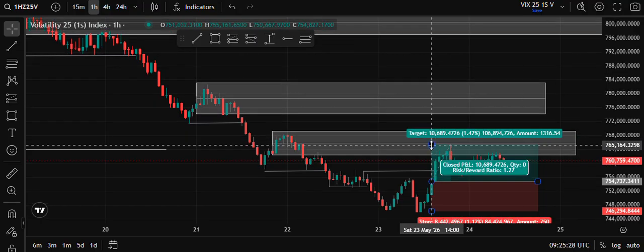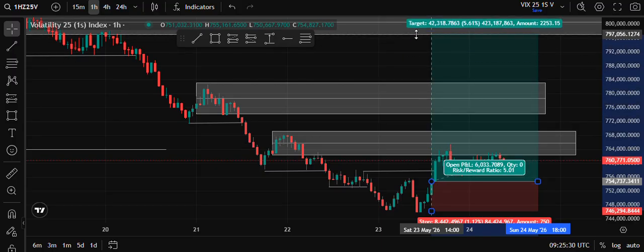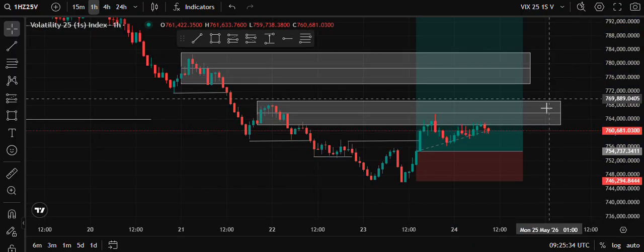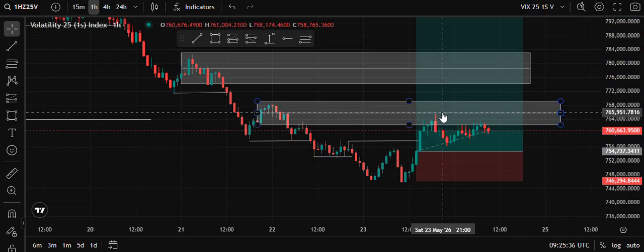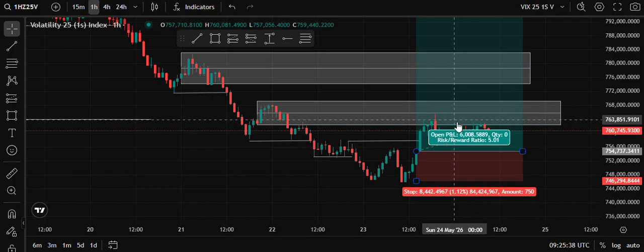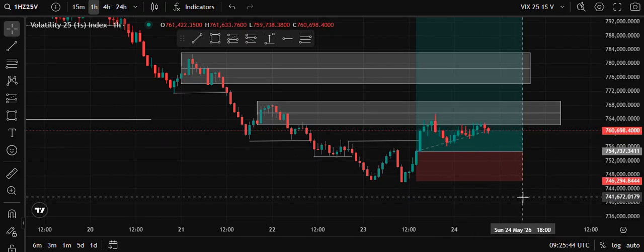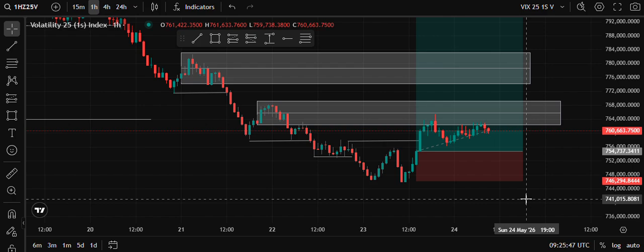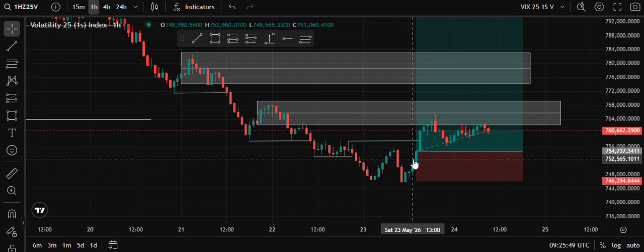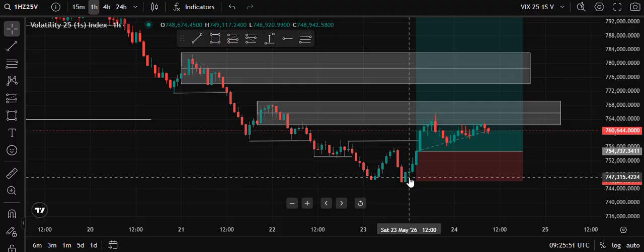Let's move it back up and see if it's going to get up to this level. So these are places where the market is going to get up to, retest, then continue to the next probably, or it might just retest all the way out to continue itself. So this was what we did yesterday.